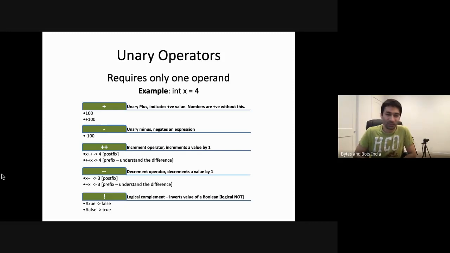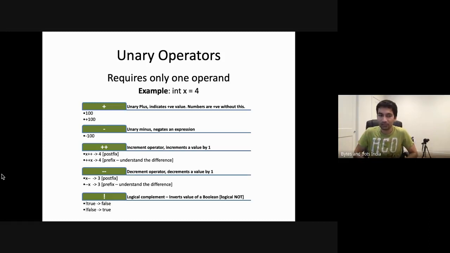On a piece of paper, if you write, let's say, 5 plus x++, the result will be 5 plus 4, which is 9, and the value of x will be 5 because x++ incremented the value. But when it was evaluating the expression 5 plus x++, it used the current value of x. So after using it, it incremented the value.